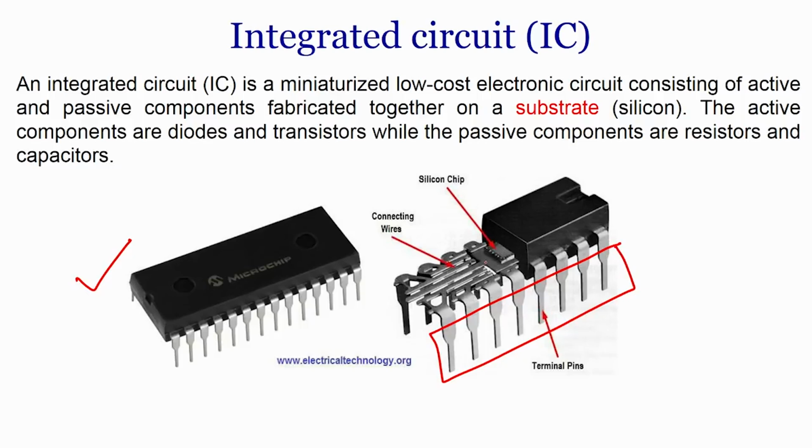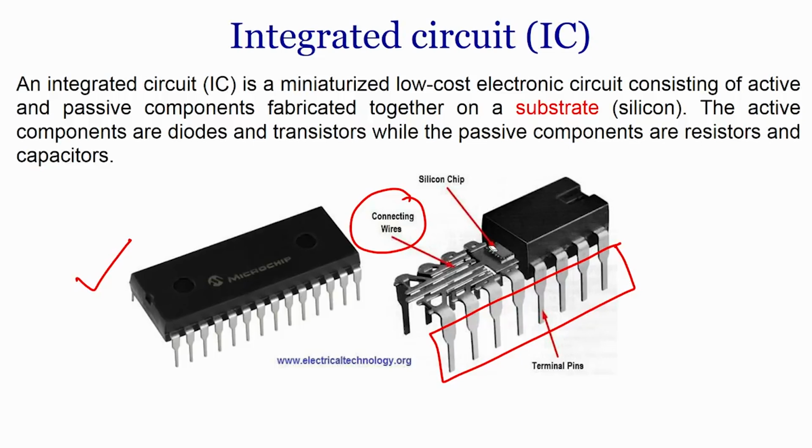Here there are connecting wires. These connecting wires are connected to this silicon chip, and there are several techniques to make the connection. One technique is called wire bonding, another is soldering, another is called metallization, and so on and so forth.